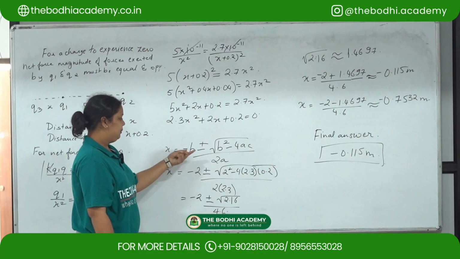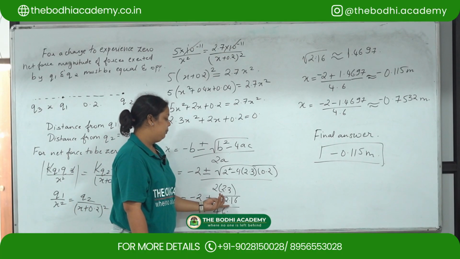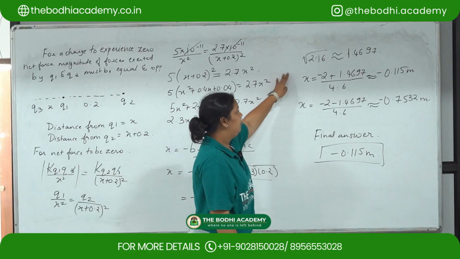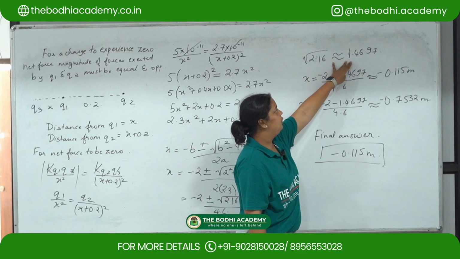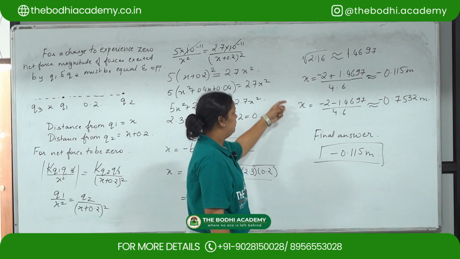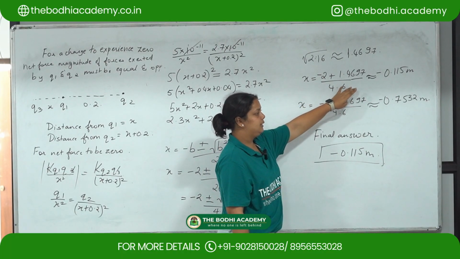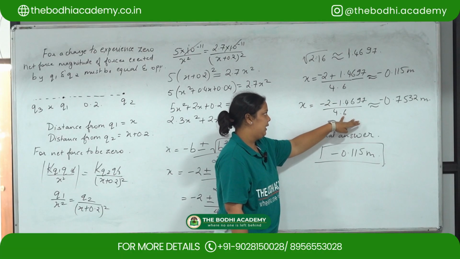Substituting all the values, we will get root of 2.16. Root of 2.16 is close to 1.4697. So we have to find the roots for both the situations, minus 2 plus 1.4697 and minus 2 minus 1.4697.